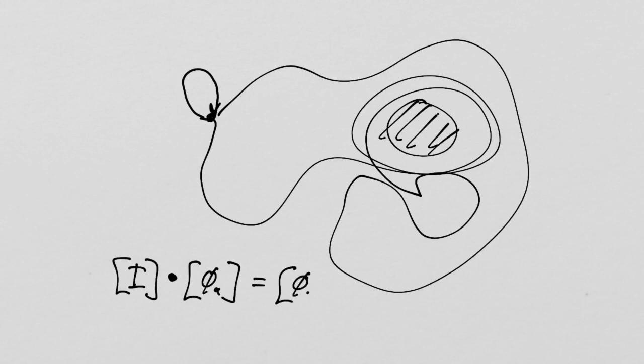And obviously, I can take this path and shrink it to a point, and I end up with just the path I started with. So any member of the equivalence class of the identity with any other group element will always equal the equivalence class you started with. So this is the identity. And this thing is all associative. You can convince yourself it's associative.